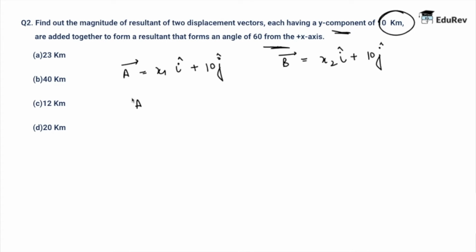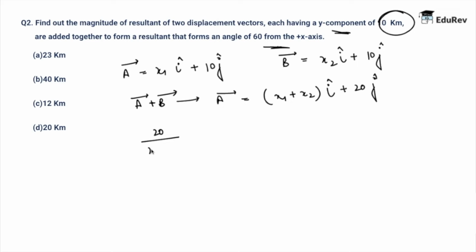Now when A vector plus B vector is done, then the resultant is nothing but x1 plus x2 i cap plus 20 j cap. So 20 upon x1 plus x2 equals to tan 60 degree, which is equals to 0.87 upon 0.5.